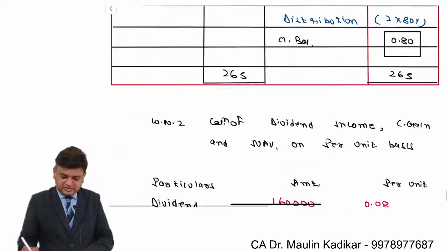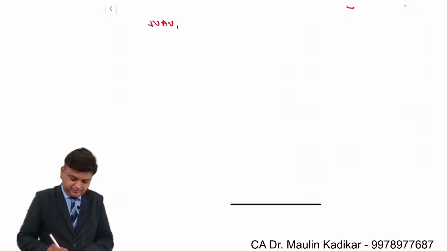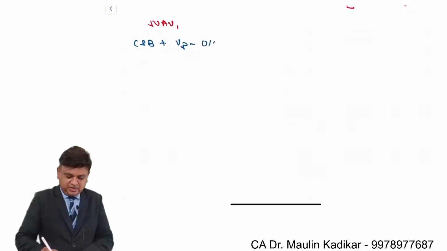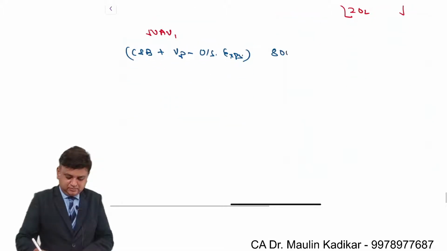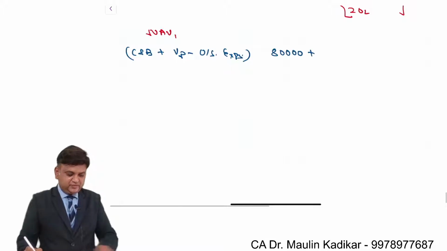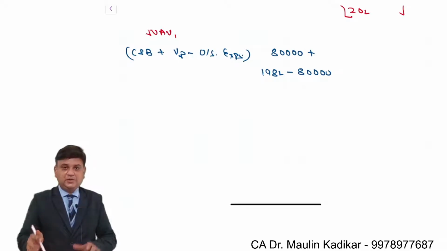So the net asset value is supposed to be calculated like this: cash and bank plus value of the portfolio minus outstanding expenses. The cash and bank balance is 80,000 plus value of the portfolio is 198 lakhs minus outstanding expenses would be 80,000, because out of 8 lakhs 10% is outstanding.